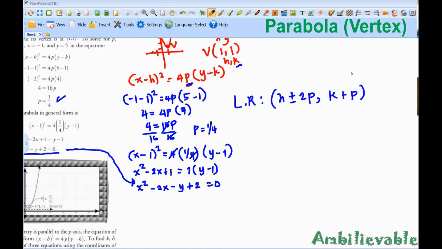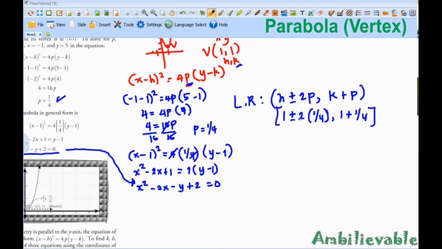So what is our h? h is given, which is 1, plus and minus 2, and p is 1/4. At the same time, we have k, which is 1, plus 1/4.